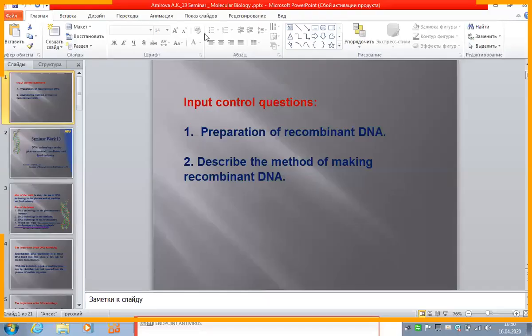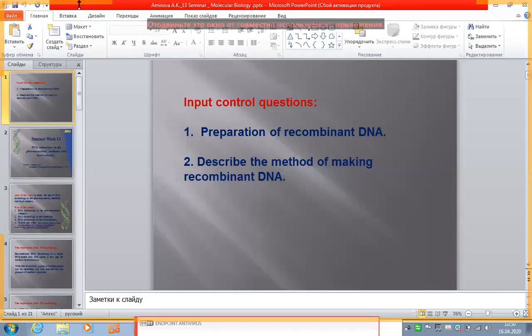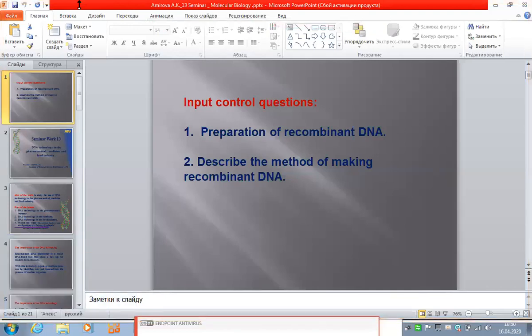Preparation of recombinant DNA describes the methods of making recombinant DNA. Can I answer? Okay, answer the question. The first question, preparation of recombinant DNA.